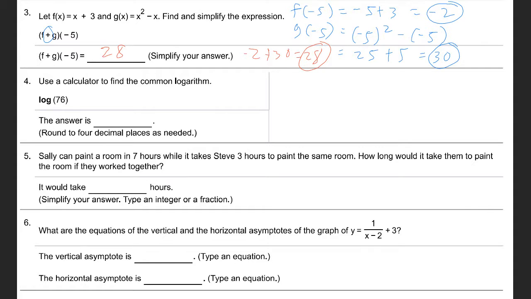So press that log and then press 7, then 6, and then hit enter, and it gives you the answer right away.